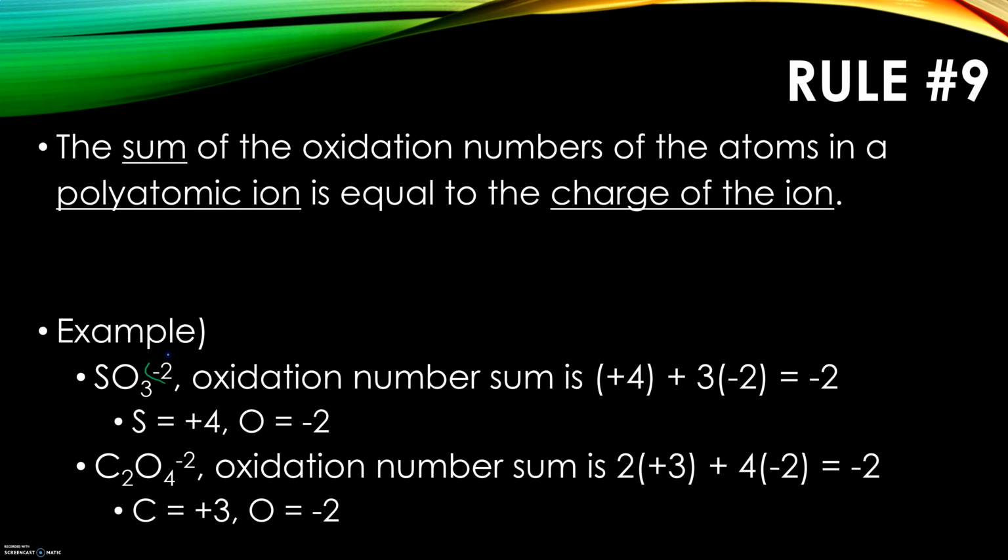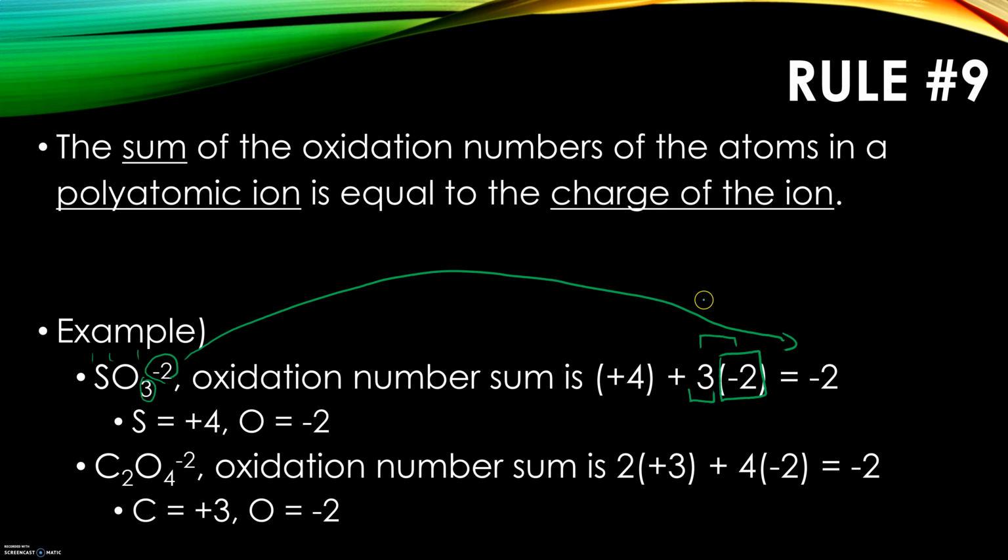So if we have that -2 up top here, that means our total sum is going to end up being -1. Now, out of these two, S and O, remember the rule of electronegativity. O is more electronegative, which means we assign O its original charge of -2. But we have 3 oxygens, so we multiply that.